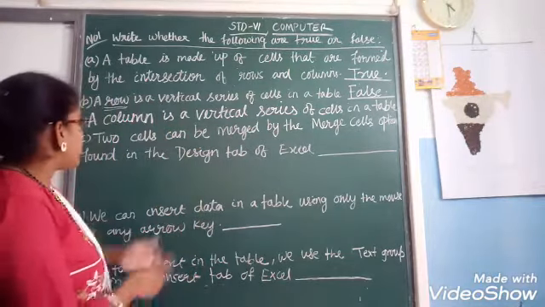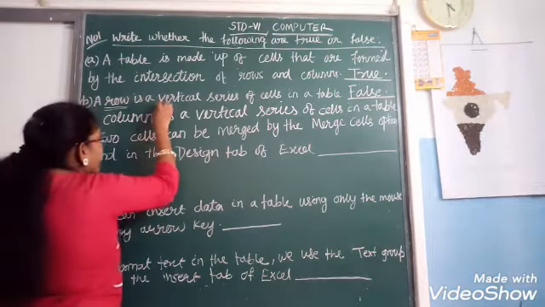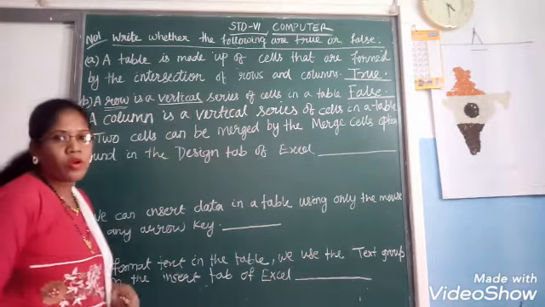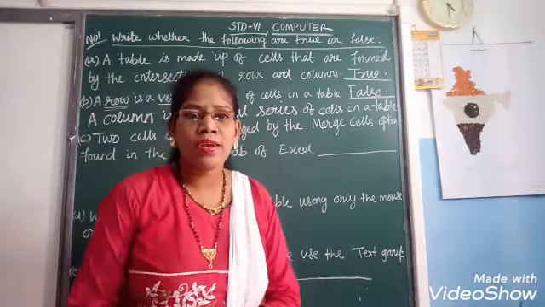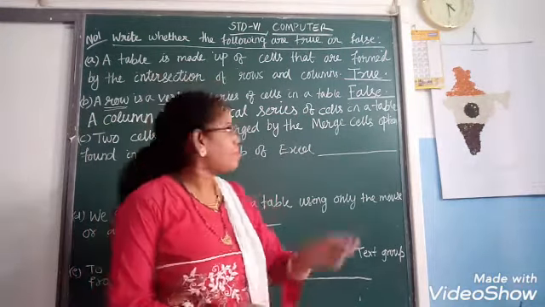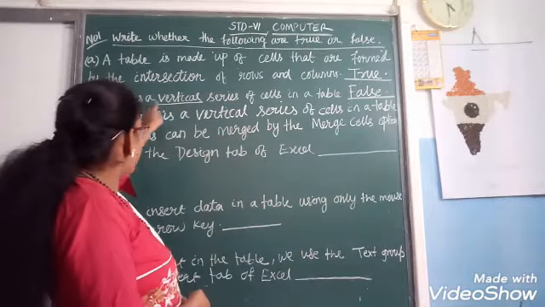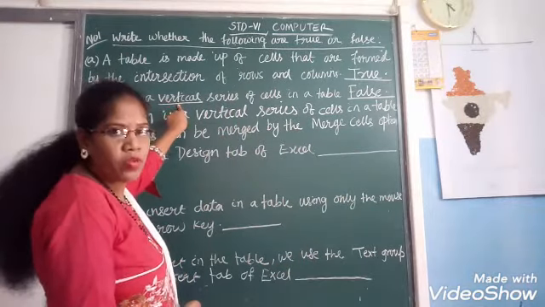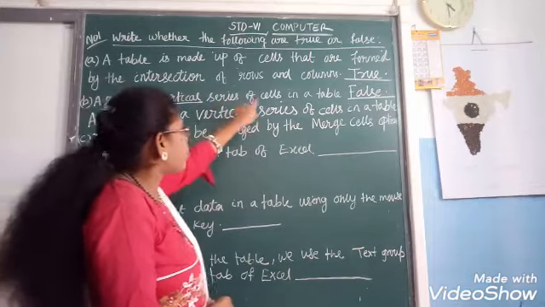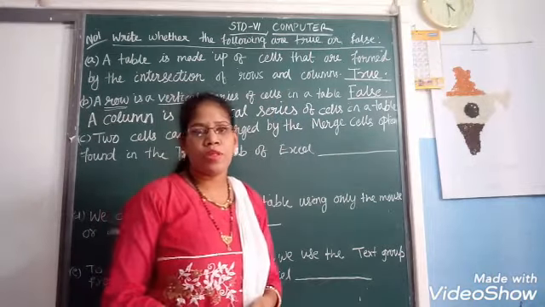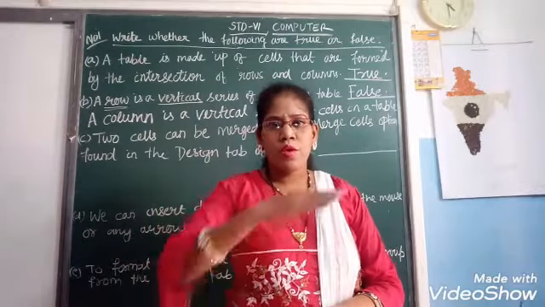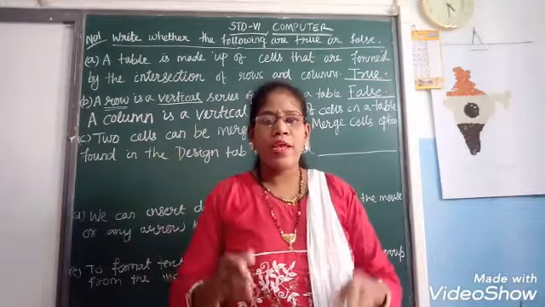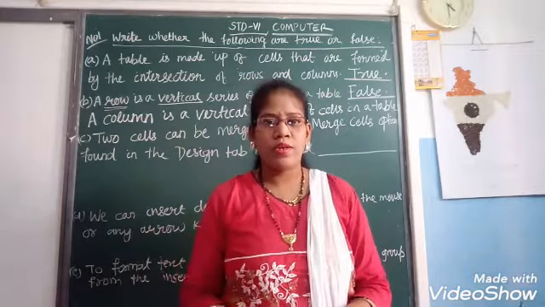Or else, instead of vertical, you can write horizontal: a row is a horizontal series of cells in a table. So, two options. Remember always, a row is horizontal and a column is vertical.